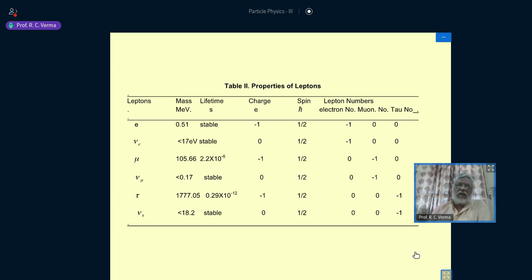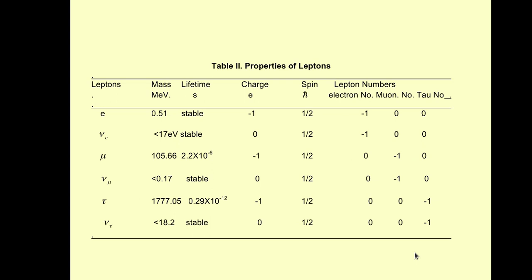So when you go from particle to antiparticle, many of these quantum numbers change sign. Charge will change sign, lepton number will also change sign. Mass would be the same. Similarly, muon and its partner nu_mu have muon lepton number 1 and other lepton numbers zero. Tau and nu_tau also have tau lepton number 1, and the electron lepton number and muon lepton number of tau and its partner are 0.